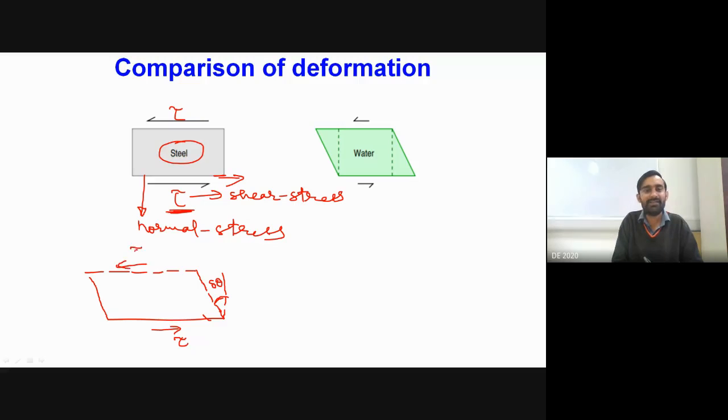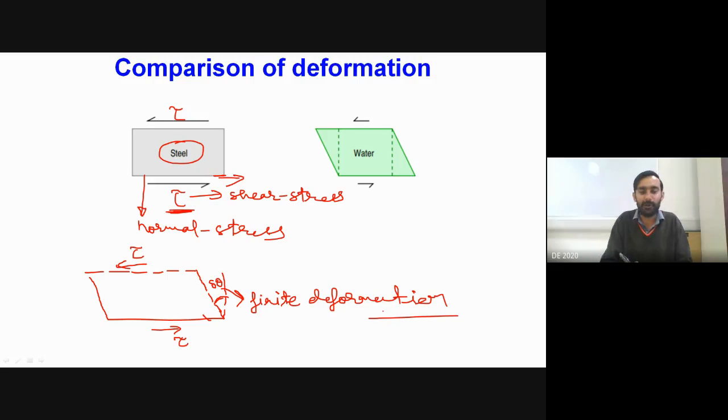Okay, so this is the case of a typical solid, where we have finite deformation of our solid element when we subject it to shear stress. On the other hand, if we take a water column and subject it to the same shear stress, we will find that in this case we have continuous deformation.